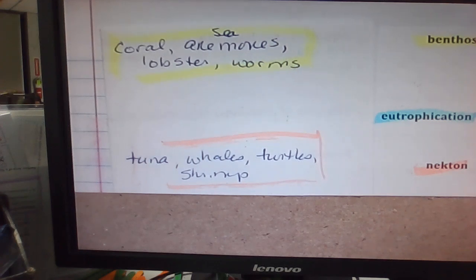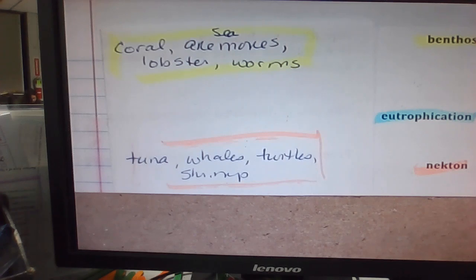These are the guys that are free swimming. They're not walking around on the bottom layer, and they're not burrowing into that sediment at the bottom. They have the ability to swim with a purpose in a specific direction.